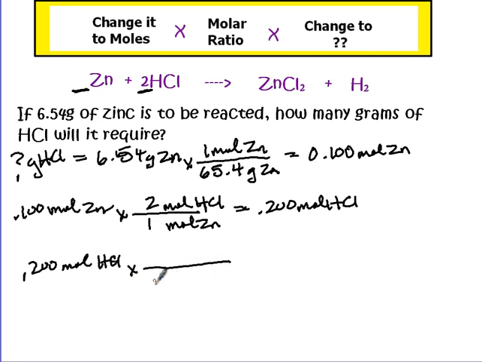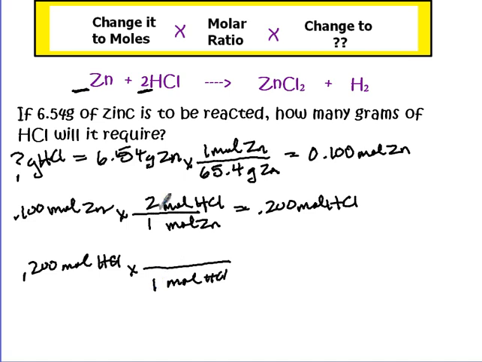So on the bottom, I'm going to put 1 mole of hydrochloric acid. Again, watch out for this right here because people want to use this 2 from up here, but we don't want that.